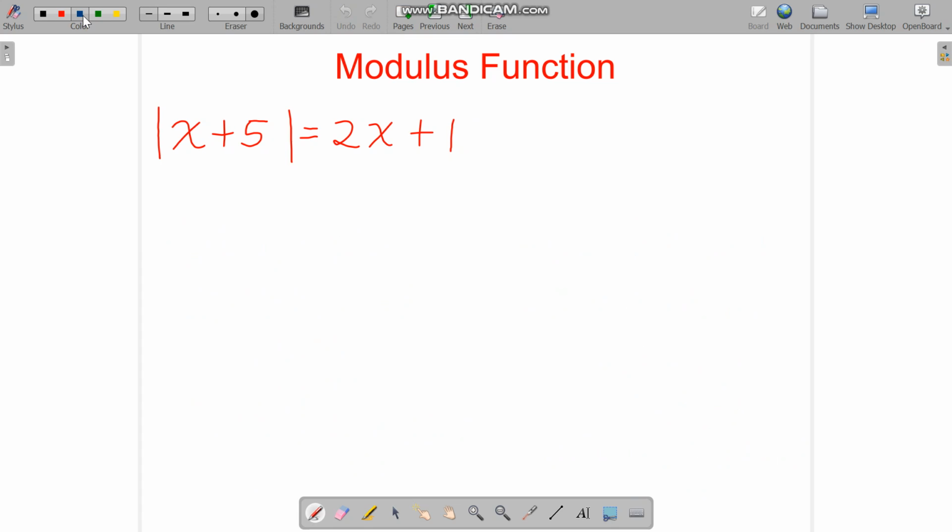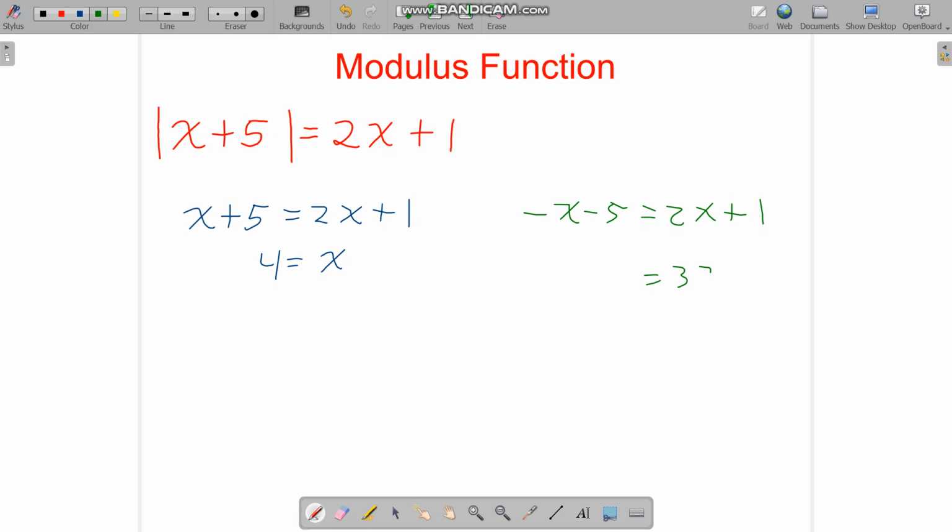Next example, let's try the positive one first. x plus 5 equals 2x plus 1. So this means x equals 4, and if it's negative, minus x minus 5 equals 2x plus 1, which means we have 3x equals minus 6, or x equals minus 2.